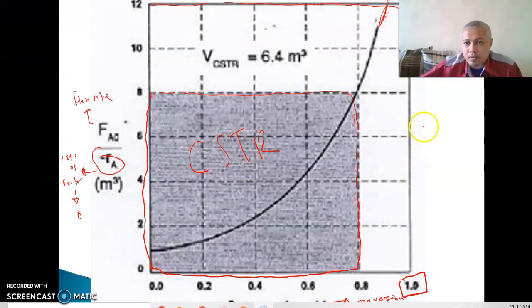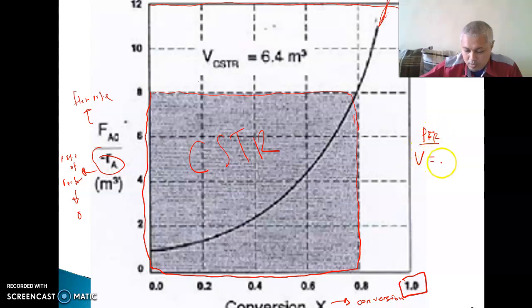Now let's look at PFR. We know that the formula for PFR is V equals FA naught, integration from 0 to X, dX over negative Ra.